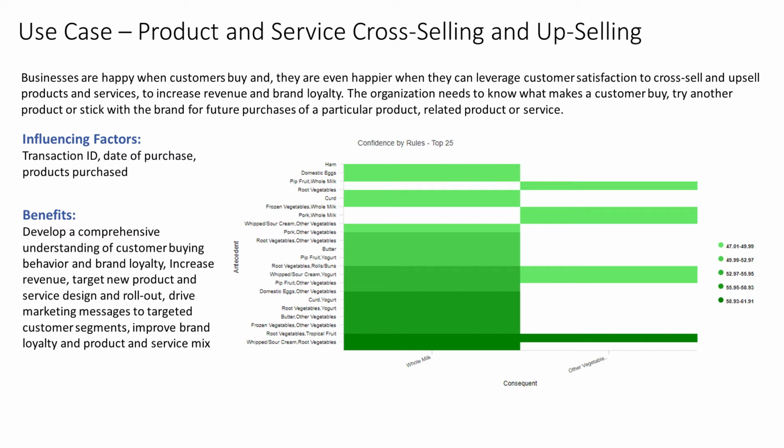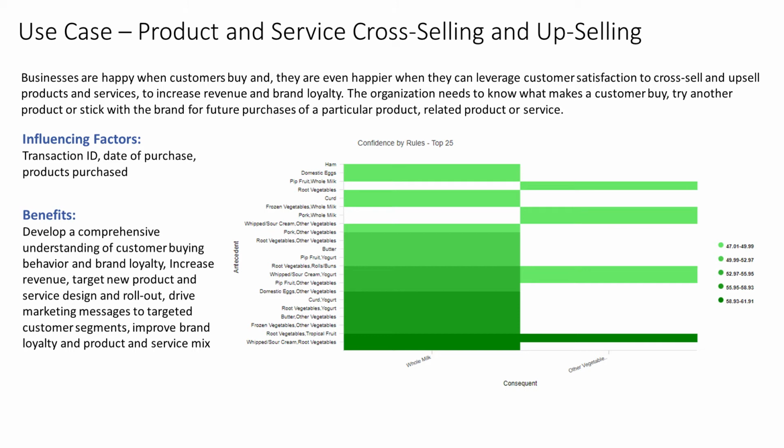For example, a retail store manager may want to analyze the optimal and strategic placement of various products in order to increase cross-sales. By looking at transactions, the date of a purchase, and what the customer purchased, the business can develop a comprehensive understanding of behavior and brand loyalty.